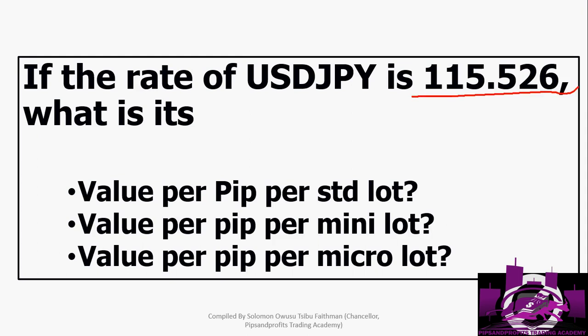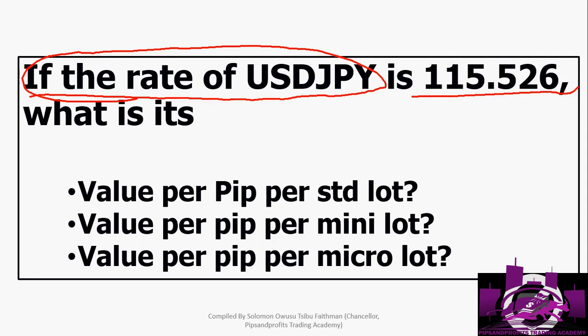If the rate of USD JPY is this, what is going to be the value per pip per standard lot, value per pip per mini lot, and value per pip per micro lot? You can take a screenshot and then you try it. Okay, I have the answer in the next slide, but what I'm going to do is skip that slide. So take a screenshot of this. You try it on your own.